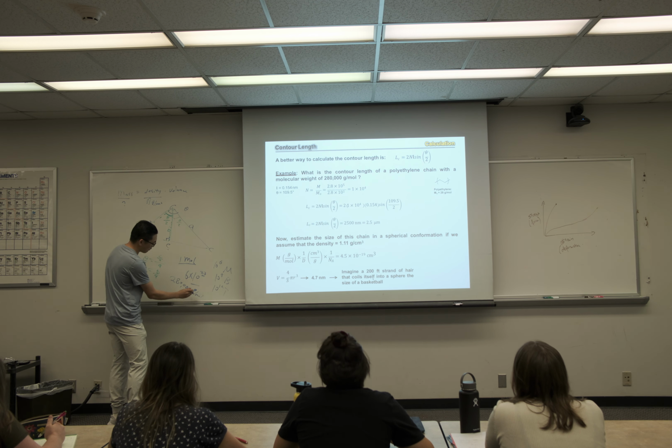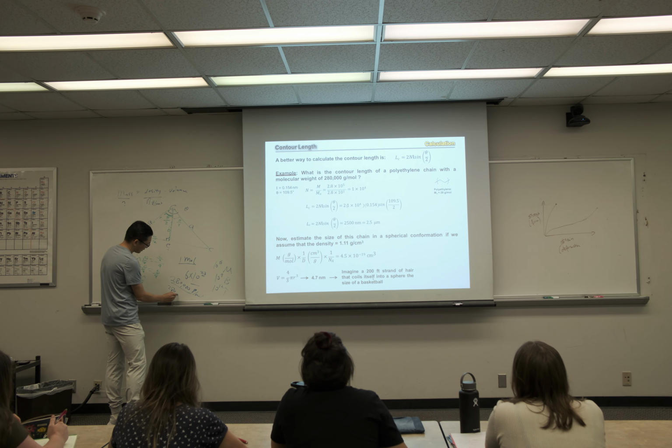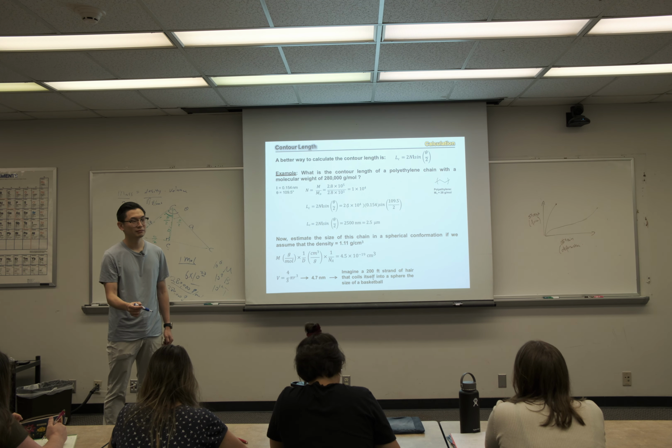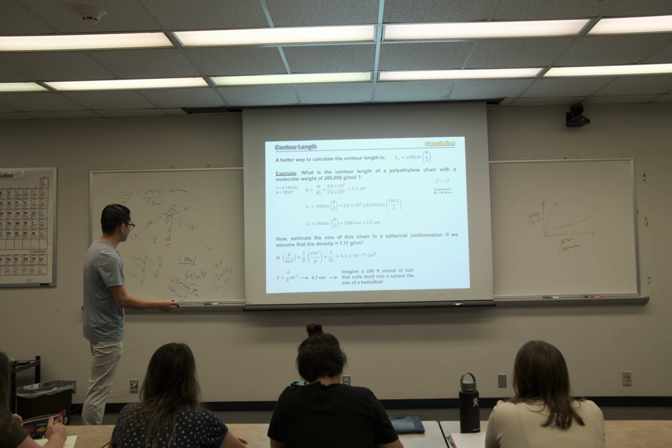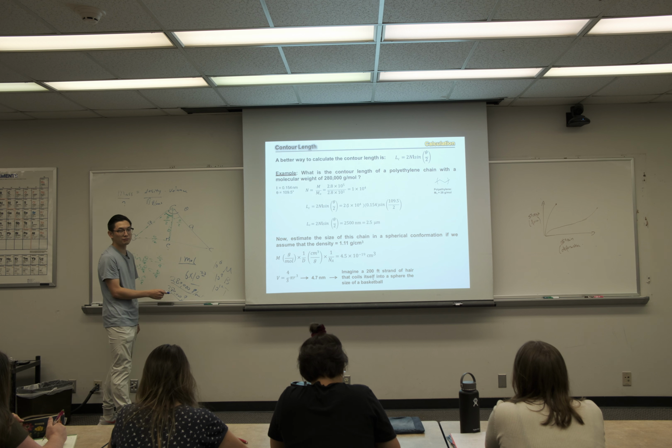That means if you have one mole of molecules, it will weigh 28 grams. So you can use this to calculate how heavy each individual polymer chain is. You can just use the total mass divided by the number of molecules in that mass.